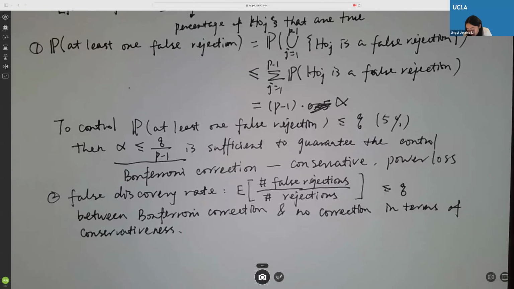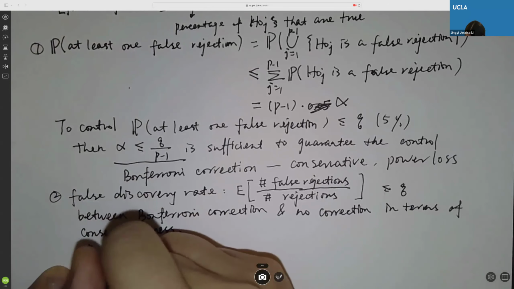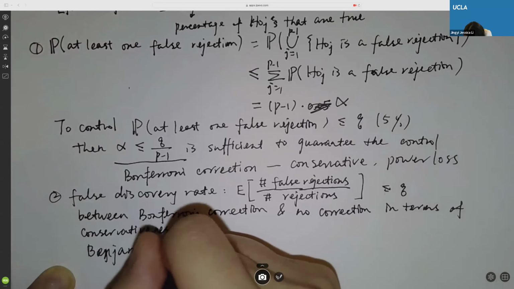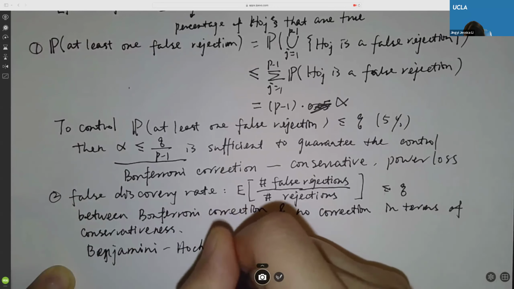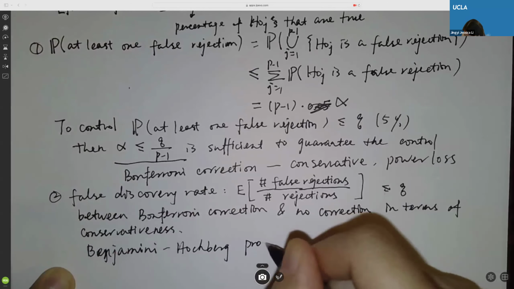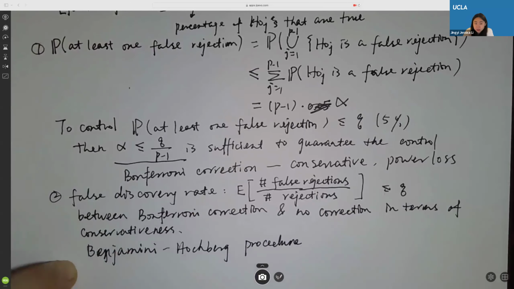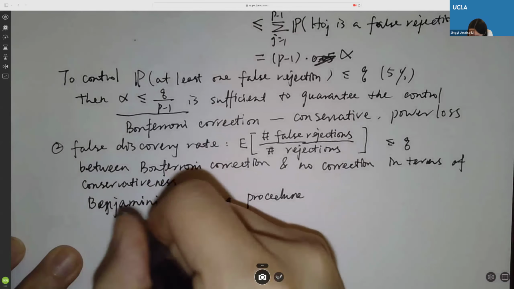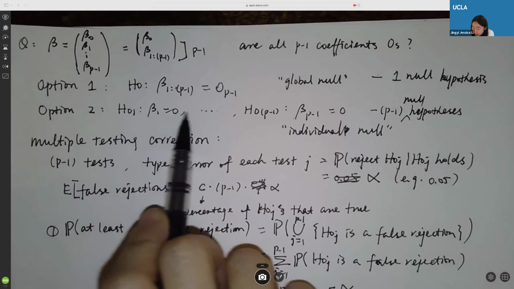This FDR, false discovery rate, was a concept proposed by two statisticians, Benjamini and Hochberg, in their 1995 paper. That's why the Benjamini-Hochberg procedure, or BH procedure for short, is a way to help you find a p-value threshold given Q, the target FDR. But this will require you to input the p-values for these tests.